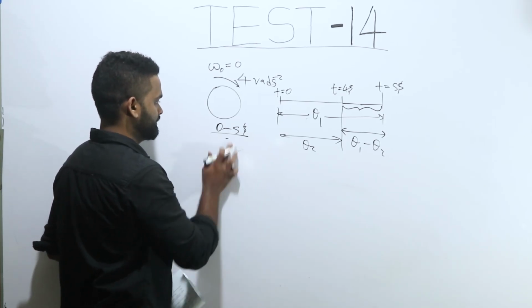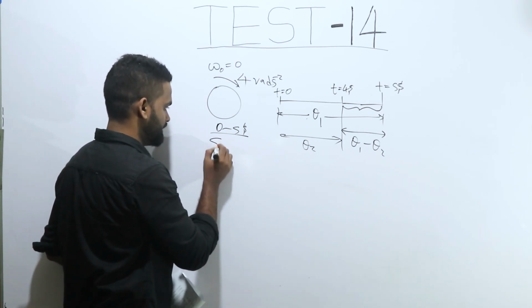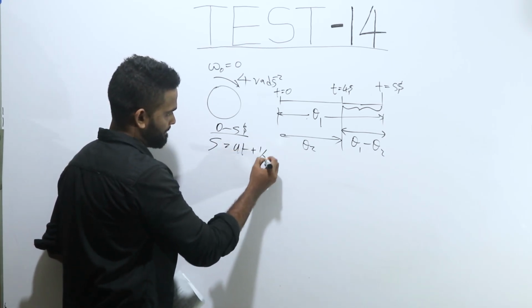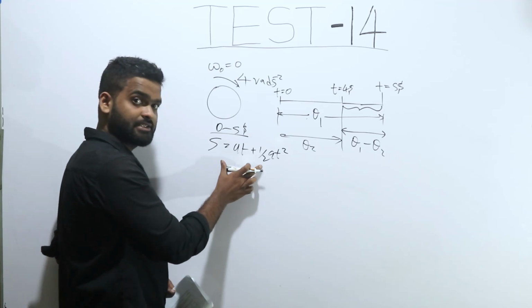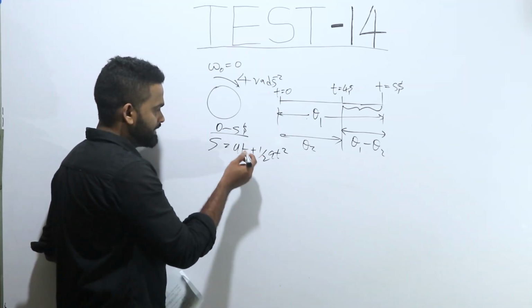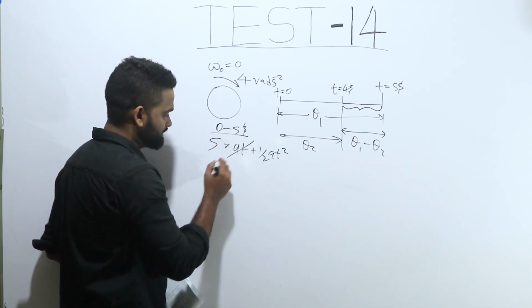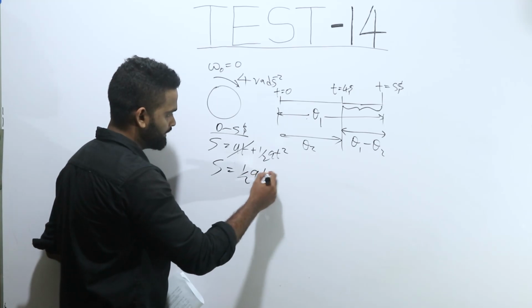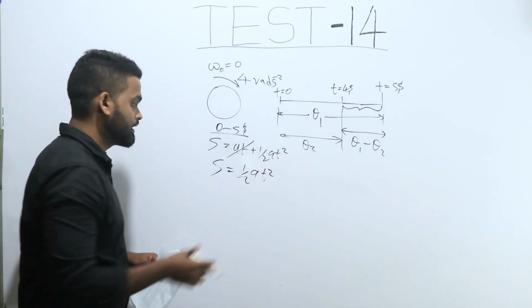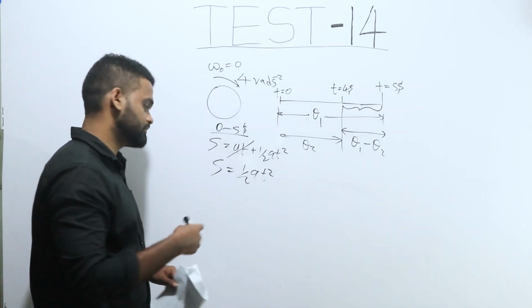Since the initial velocity is 0, I can apply this equation, right? Just to remind you that I'm writing these linear equations. For all the linear equations, initial velocity is 0, so you don't have to think about this term. So half at square. Convert this into rotational motion.